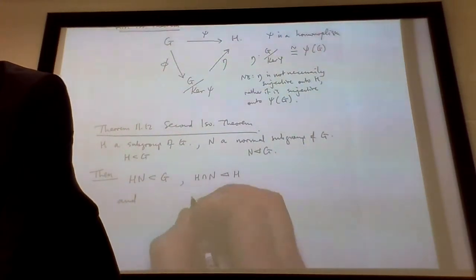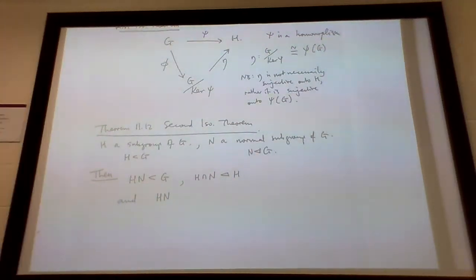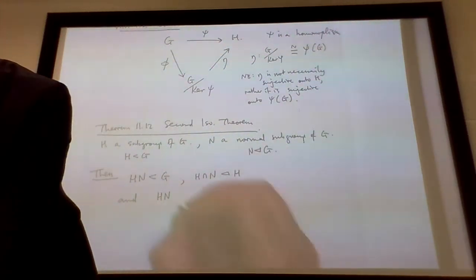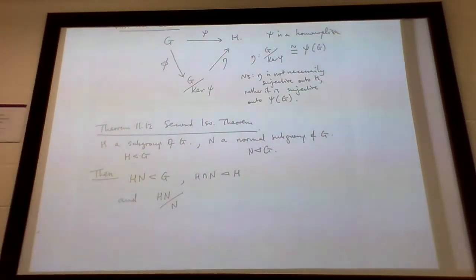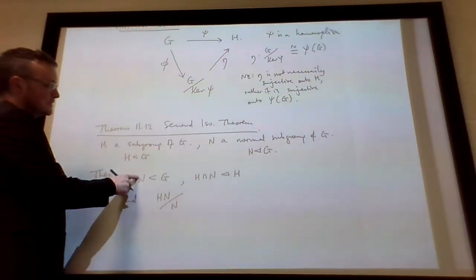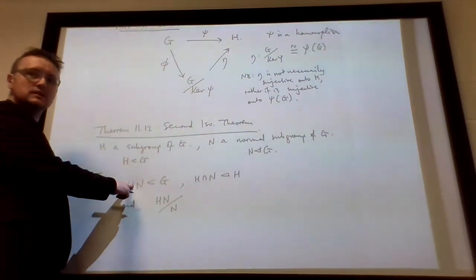if we take HN, HN is a subgroup of G. It certainly contains N, because one choice for the elements from here would be the identity element.